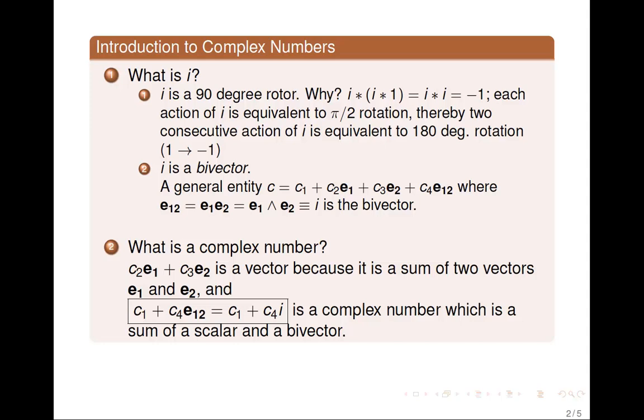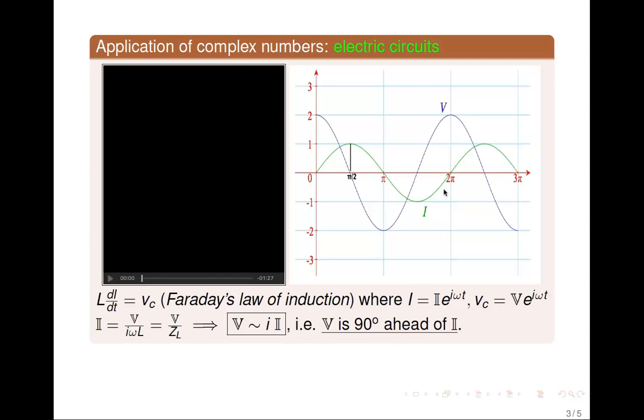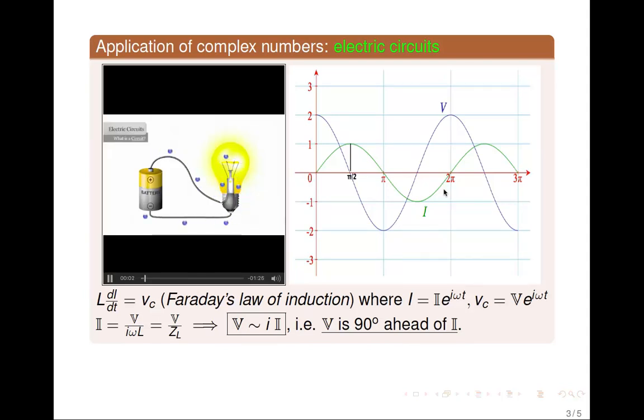Now, where do we see complex numbers in real life? Actually, you see them in many applications. And here I have taken a very particular example, that of a very simple electrical circuit, which comprises a battery and a light bulb.